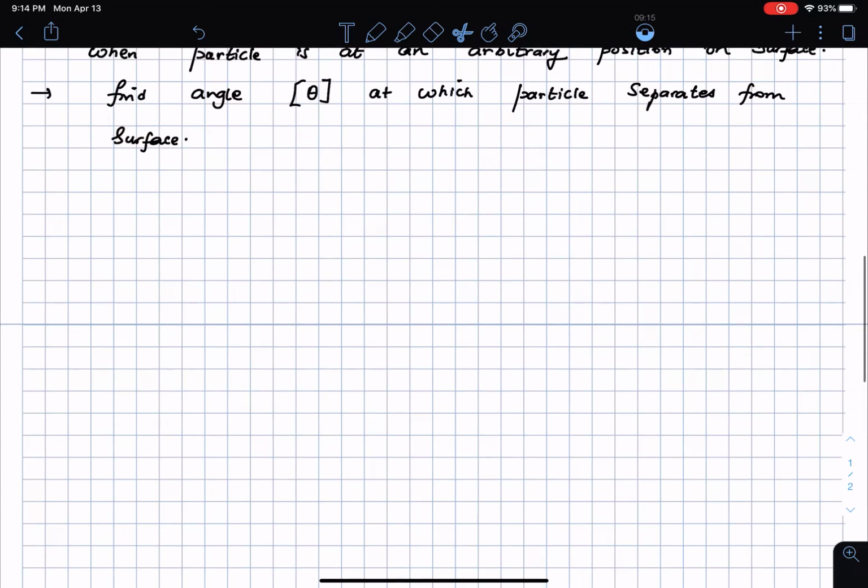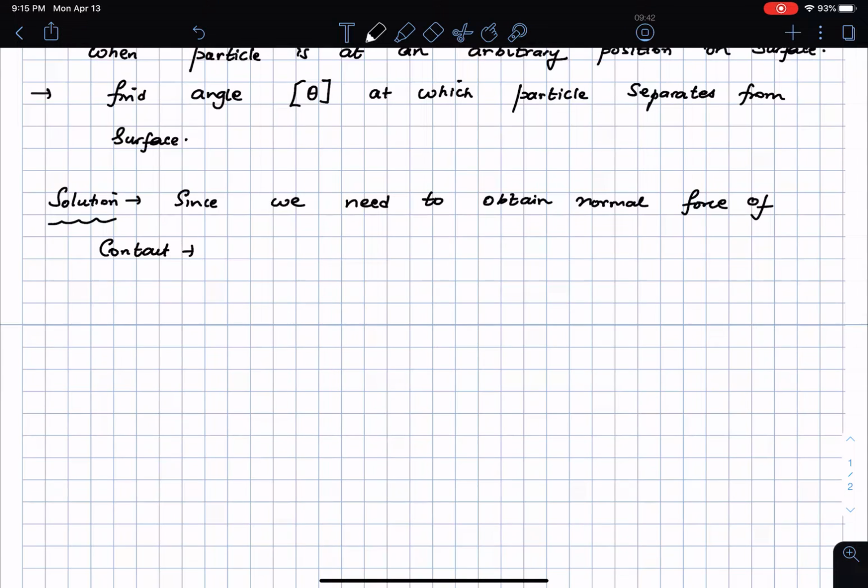So my solution strategy: since we need to obtain the normal force of contact, we need to utilize the Lagrange multipliers.